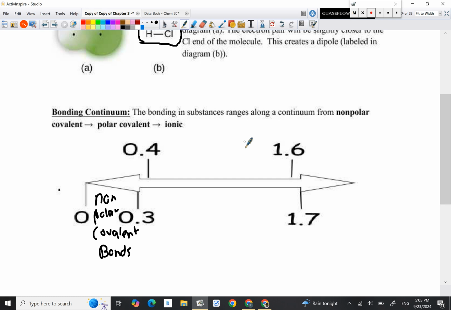Between 0.4 and 1.6 is where we're going to get our polar covalent bonds. And 1.7 and above is where we're going to get our ionic bonding.